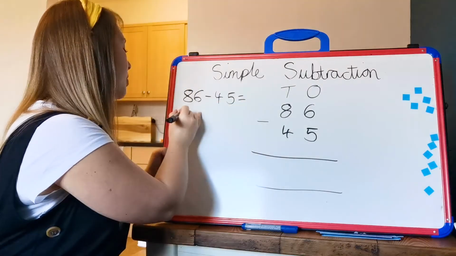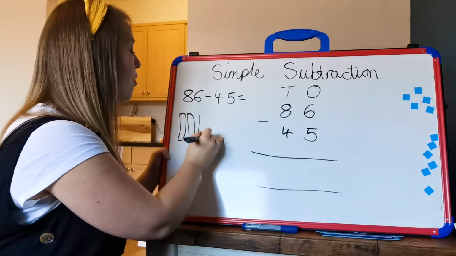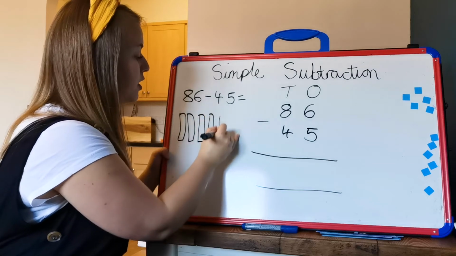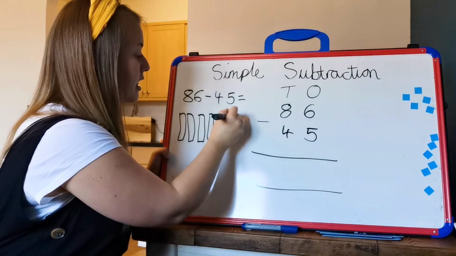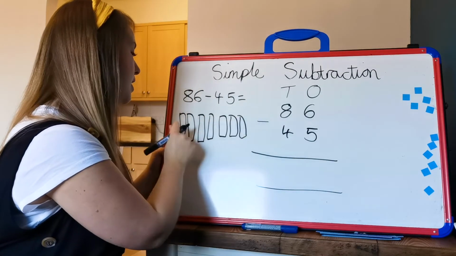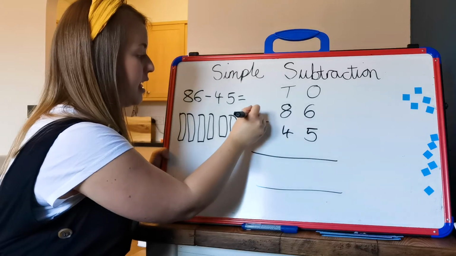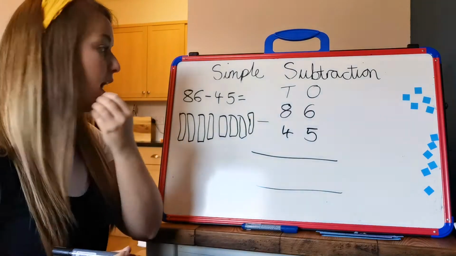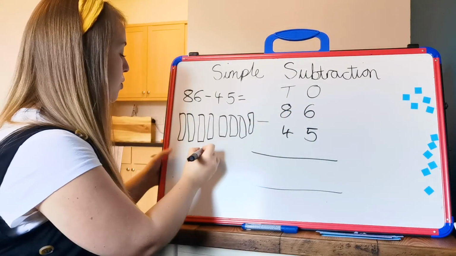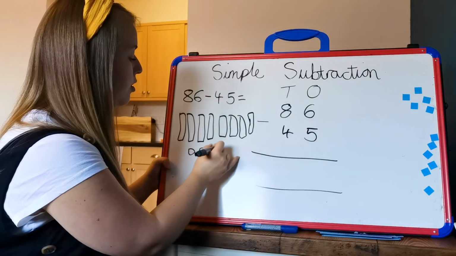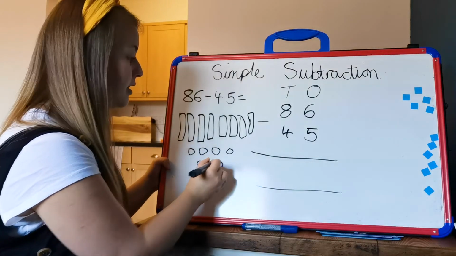So 86 to begin with. So I draw 86 on this side. 30, 40, 50, 60, 70, squeeze it in, 80. Now, 6 1s, 1, 2, 3, 4, 5, 6.